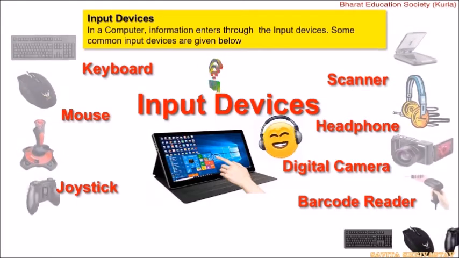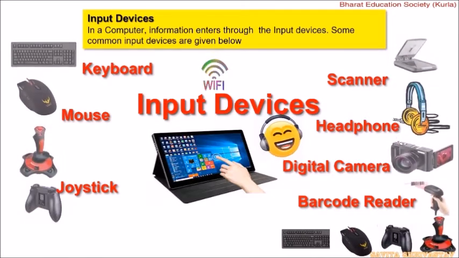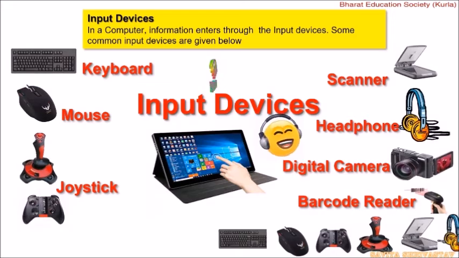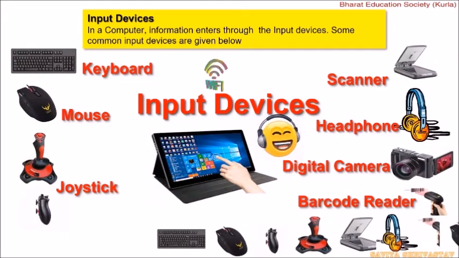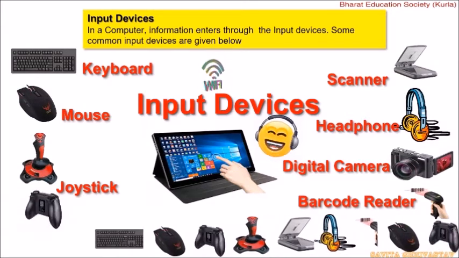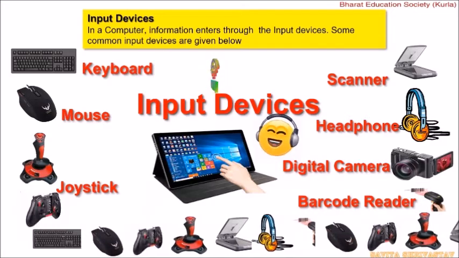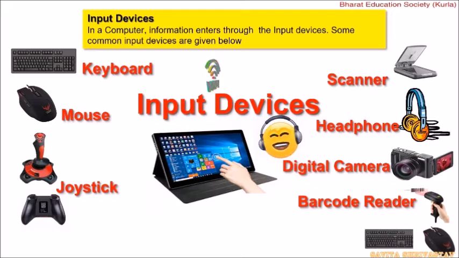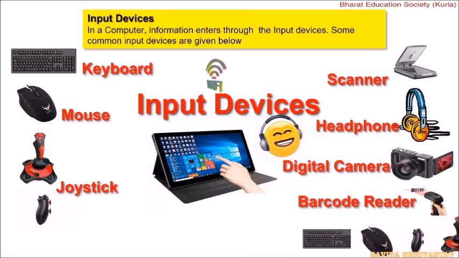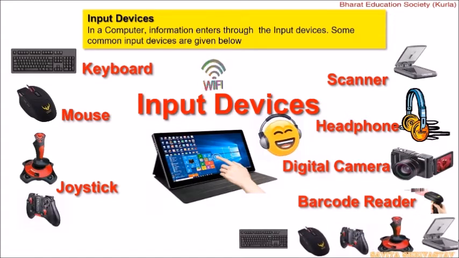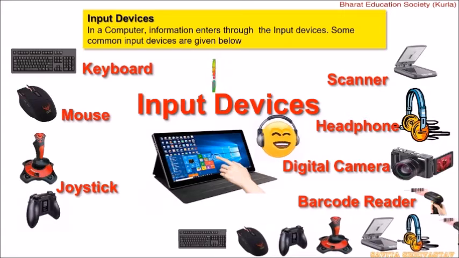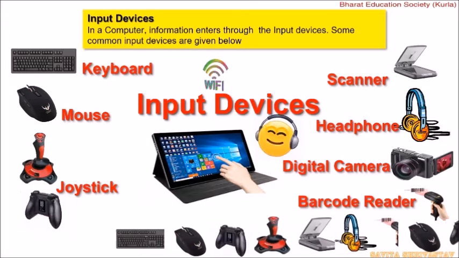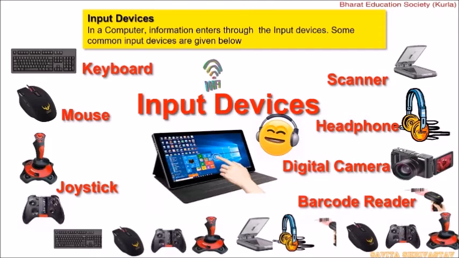In a computer, information enters through the input devices. Some common input devices are given below: keyboard, mouse, joystick, scanner, headphone, digital camera, barcode reader, etc. So these are input devices which are commonly used.